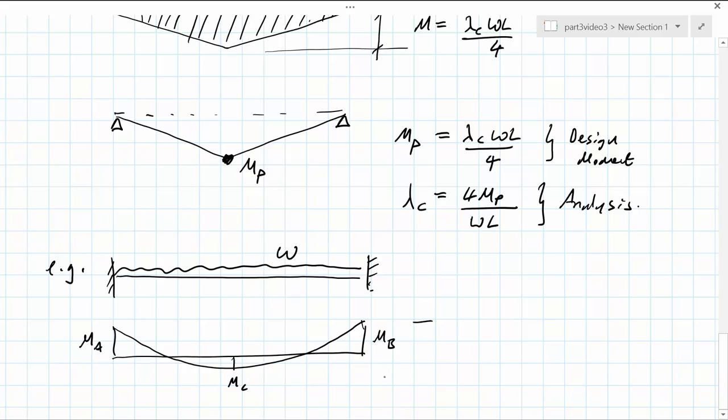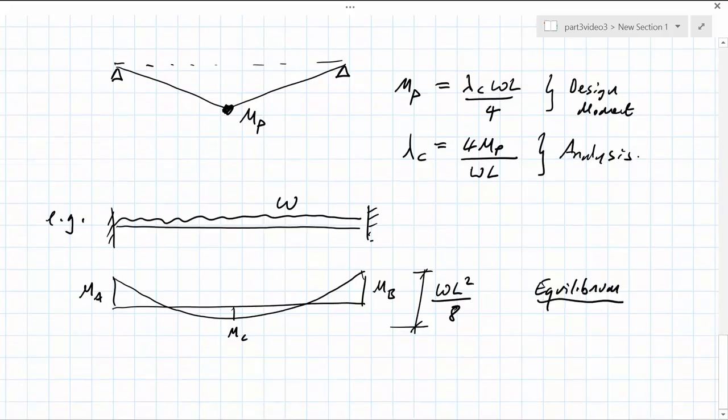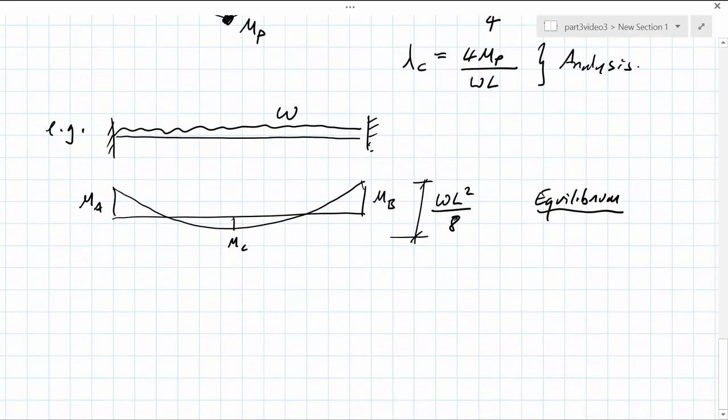The maximum overall value of bending moment for this distribution is given by WL squared over 8.